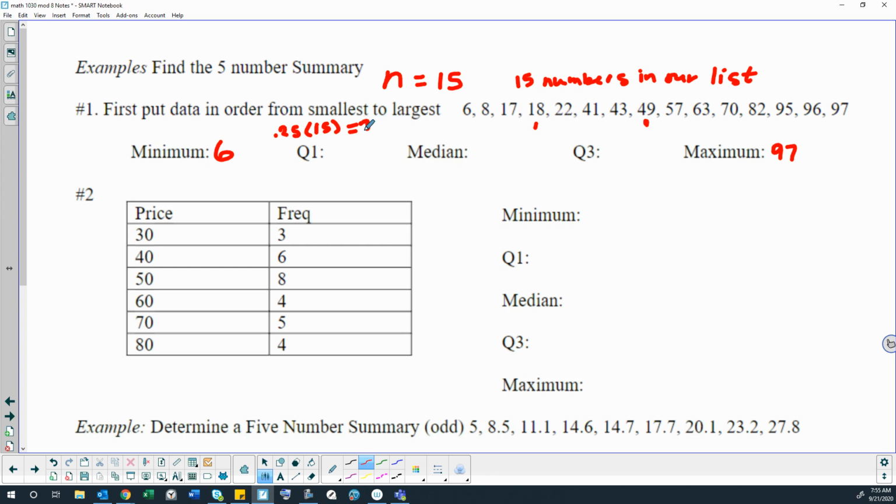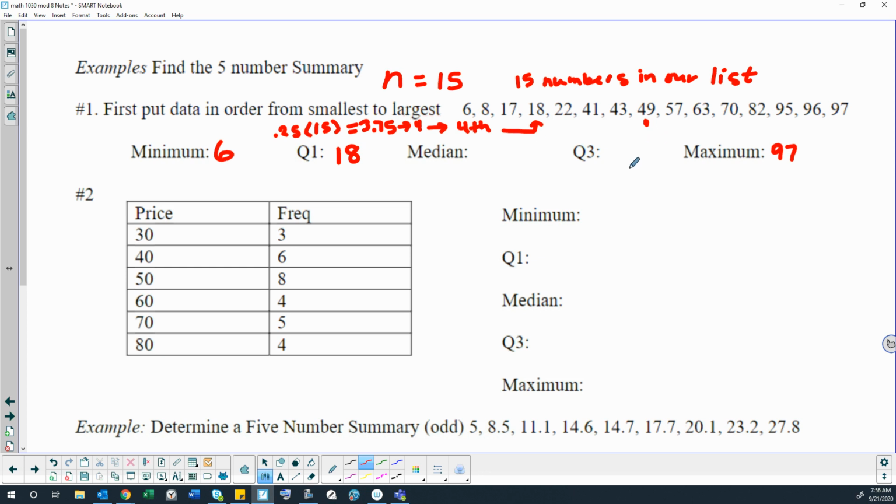So 3.75, we round that up to 4, and we look at the 4th number, which is that one right there. So the 4th number is 18.